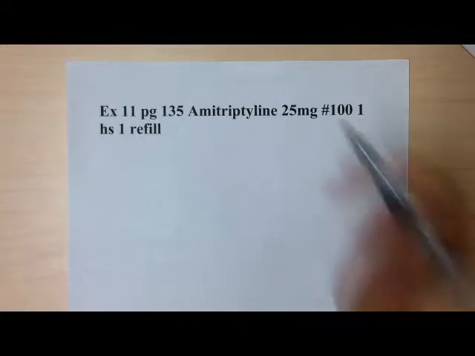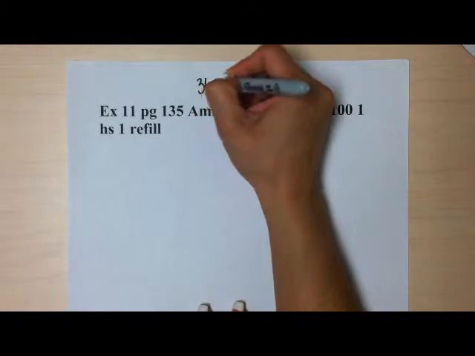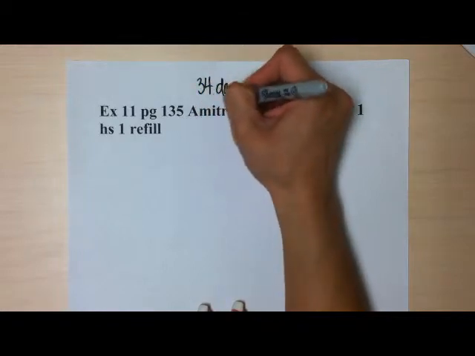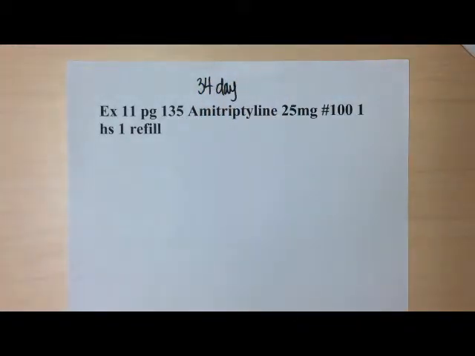We'll have similar type problems, and we are calculating these problems based upon a 34-day allowable refills. So the insurance is allowing us to fill for 34 days, so that's what we will base this on.